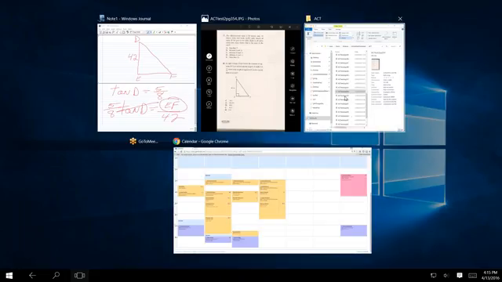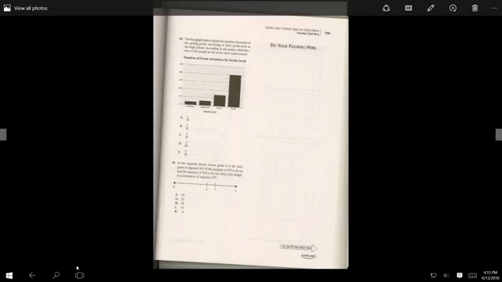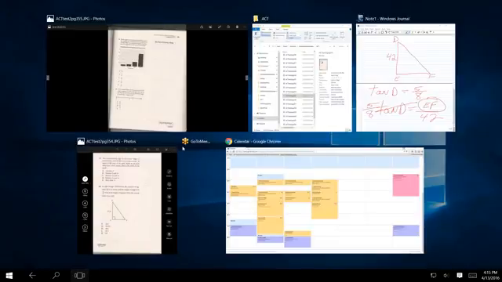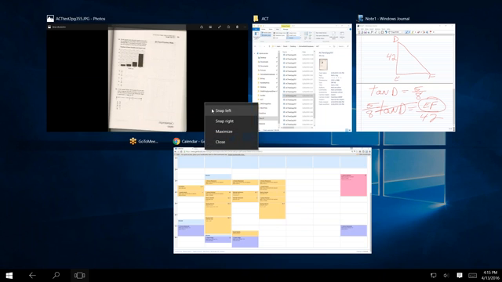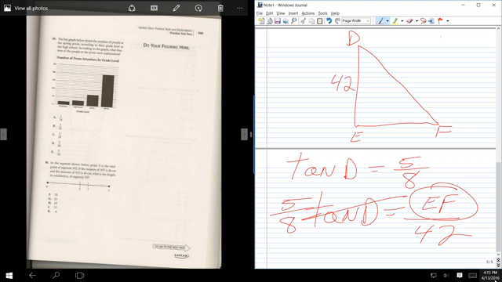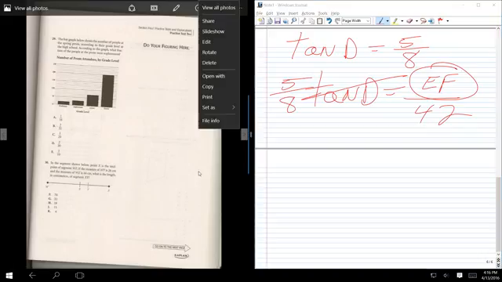Now, let's see if I can do this the easy way. I don't think I'm going to be able to. Let's see. Open that up and take that one down. Snap left on that. Hold on a moment. I don't see my... just a second. Let me snap that.